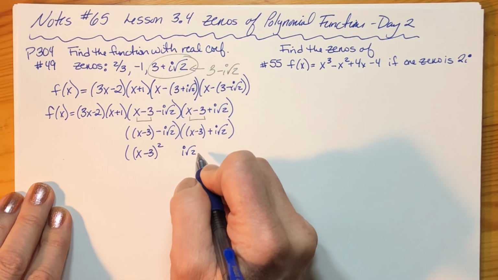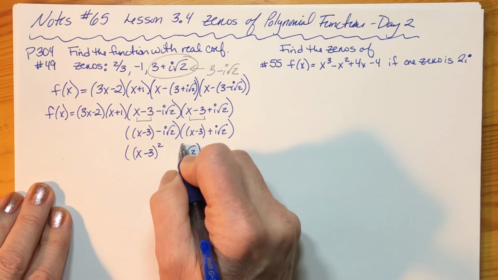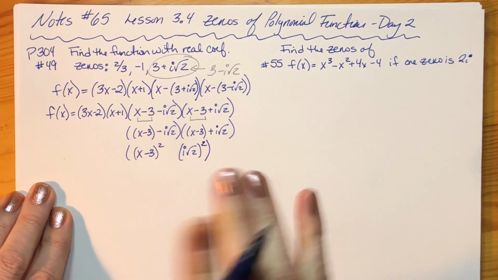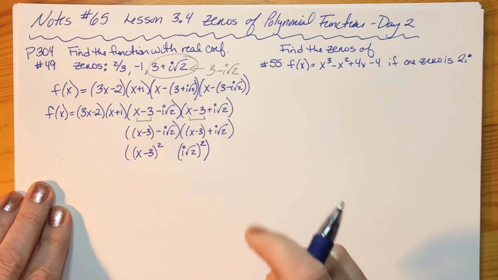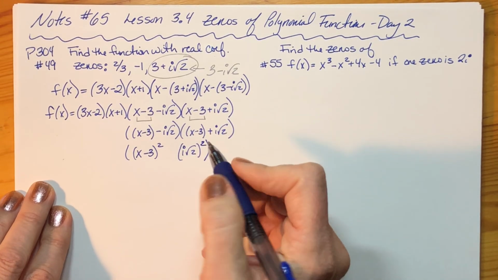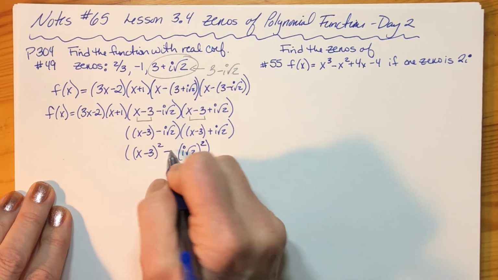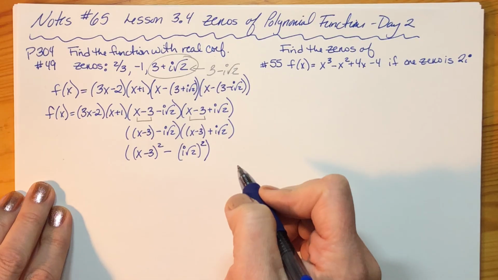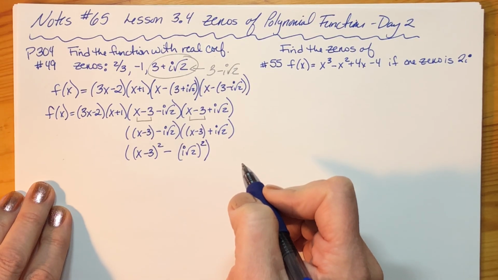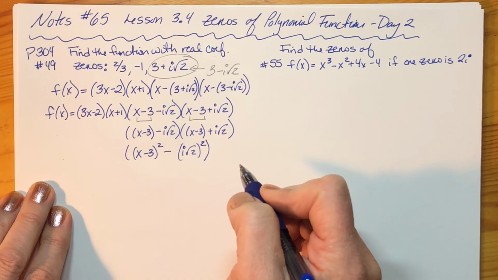Wait. Yeah, that's right. i root 2 squared. Hold on. I was so excited I had to just stop for a second. And then I would have the minus in between. So is that going to work for me? Let me just stop and think about how this is going to play out. Minus, yeah, that looks good.